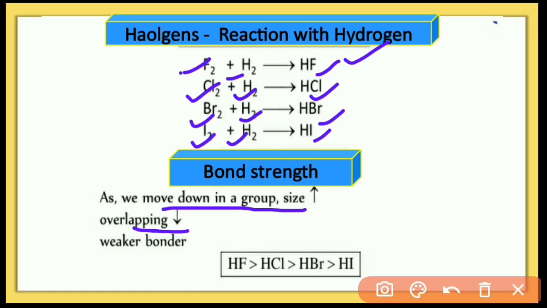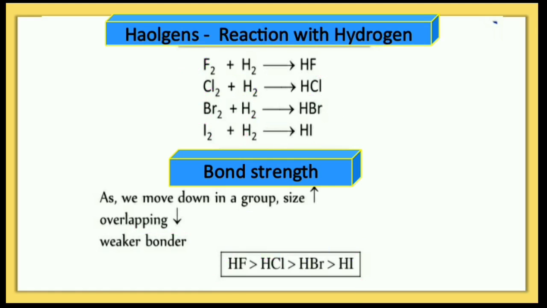So the bond strength order is: HF has the highest bond strength due to smaller size, then HCl, then HBr, and the lowest bond strength in HI, hydrogen iodide, due to higher atomic size, decreased overlapping and a weaker bond. So hydrogen iodide has less bond strength as compared to other halides.